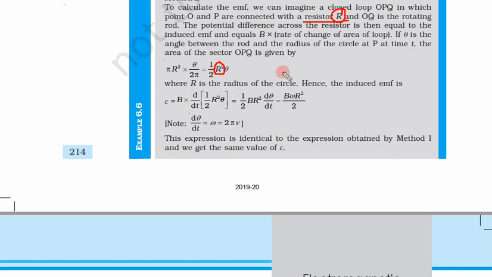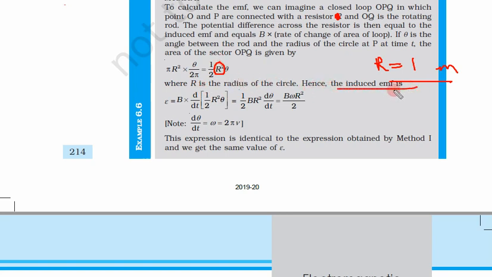The radius of the rod is r equal to 1 meter, not 1 centimeter, 1 meter. So this is the radius of the rod, not resistance. Let me remove this, so just write a resistor. Here r is the radius of the circle, because we are considering the area.